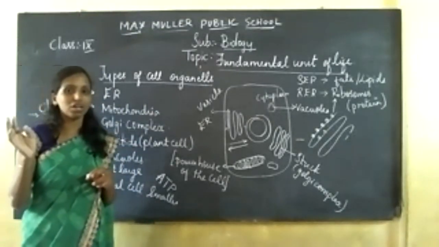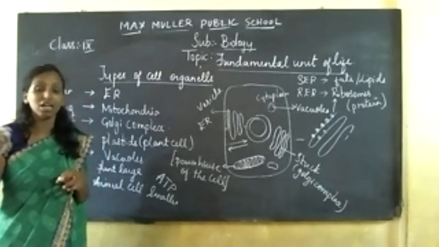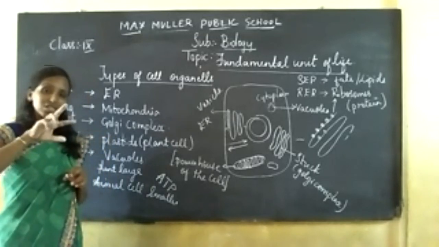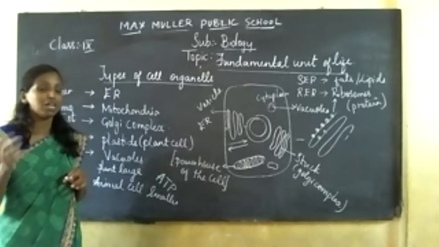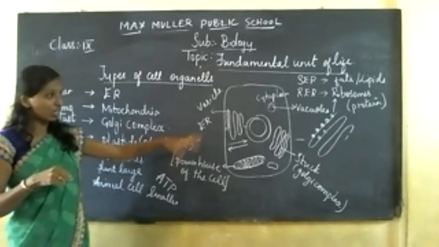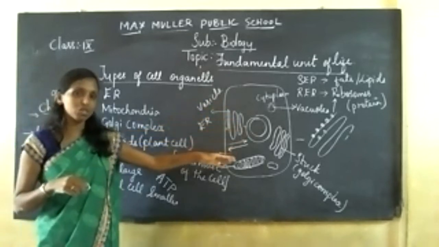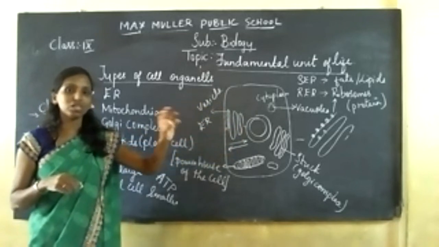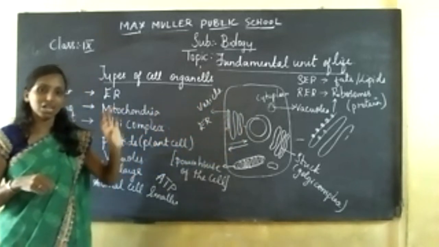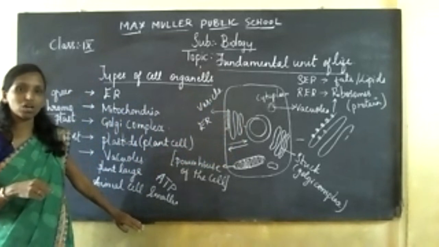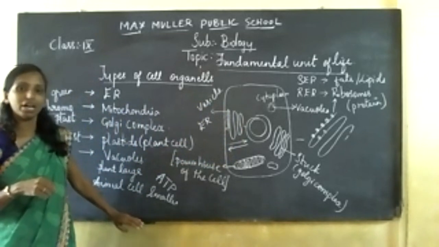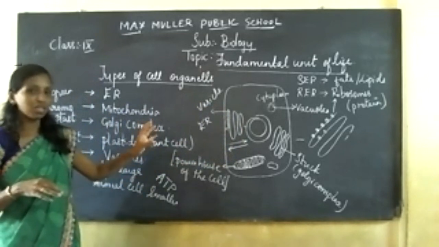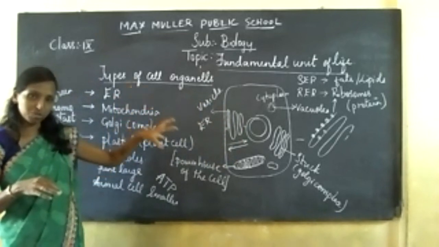So this is how you can see cell organelles. As we know, the structural and functional unit of life is nothing but your cell. Each cell has different structures and different functions. Inside your cell only, you can see how many different structures there are, and each one is doing a different sort of work. That is what I have told you, the different types of cell organelles. The most important thing is the cell. The cell will have different types of organelles.